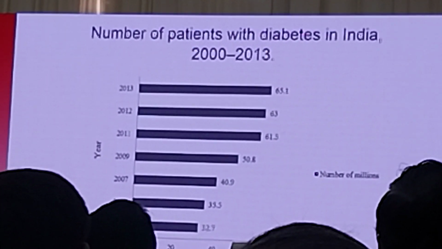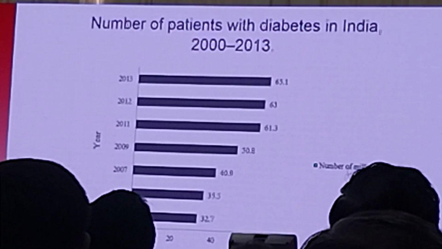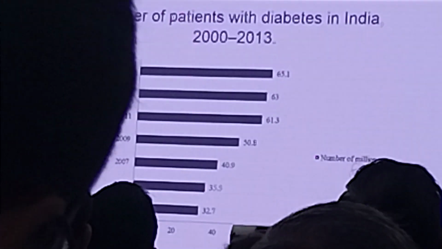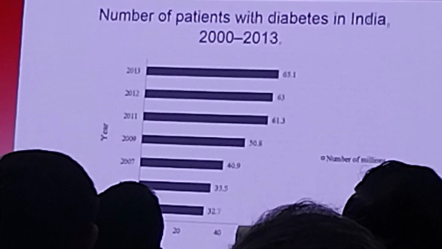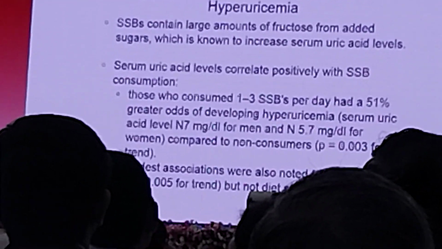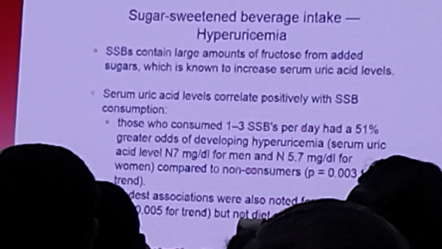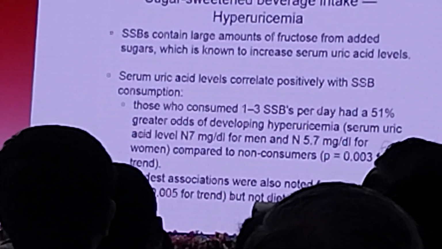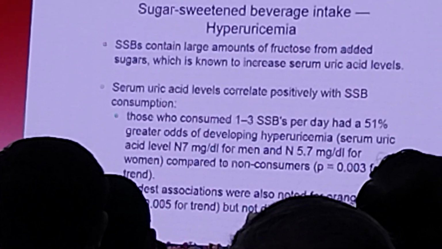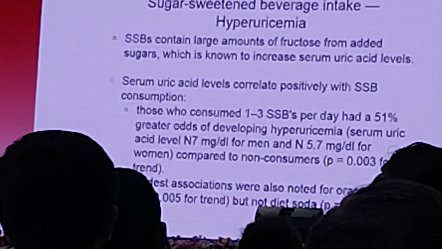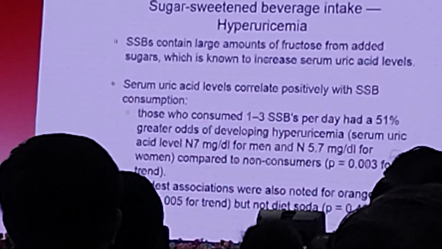So where are we heading? Truncal obesity, diabetes, high blood pressure, hyperuricemia, fatty liver, that is fructose toxicity. If you take more than 1 to 3 beverages per day, almost 50% have hyperuricemia. Even with 1 beverage per day, there is a moderate chance of hyperuricemia.